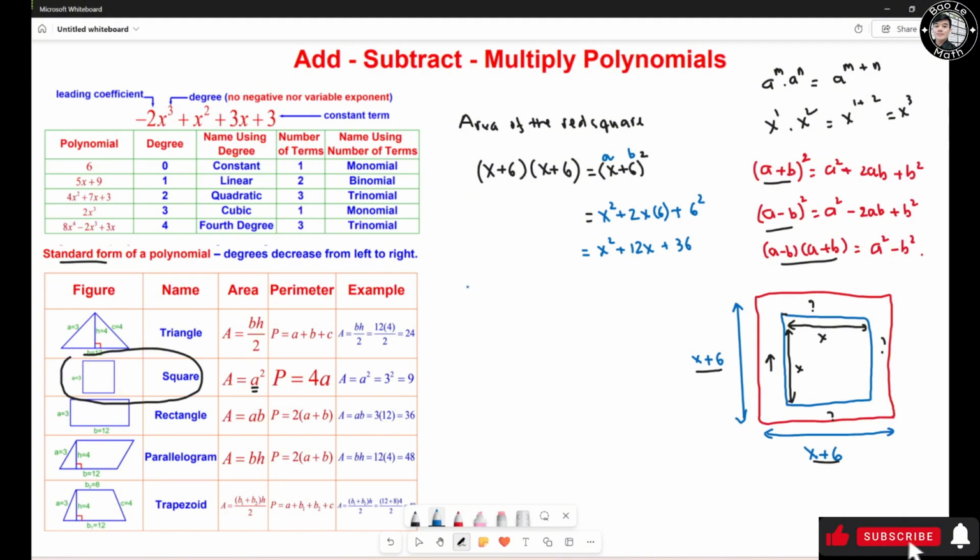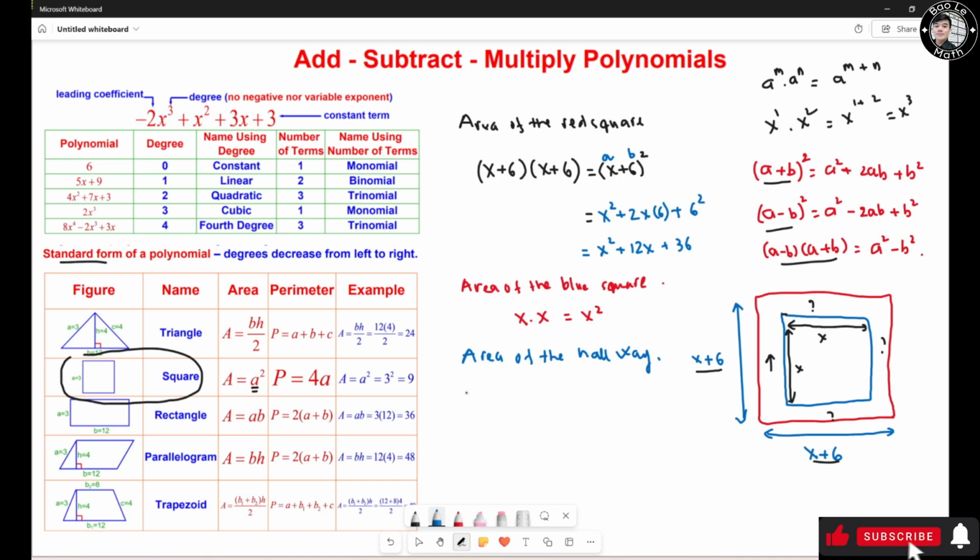Now I need to calculate the area of the blue square. The blue square has dimensions s and s, so the area must be s times s, which is s squared. Now I need to do subtraction to find the area of the whole shape.